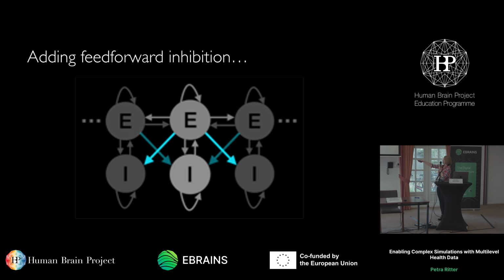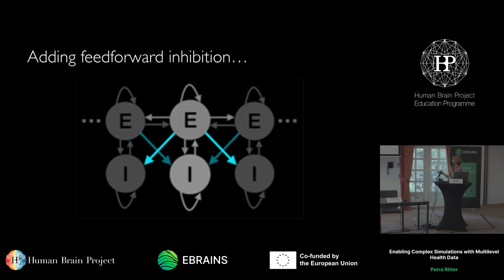So the excitation from one node hits the distant excitatory populations of other nodes, other brain regions. But what we added now is the input of each excitatory population to the other region's inhibitory populations. This is called feed-forward inhibition, and this is what exists in the real brain, but was not included in these models in the past. So we have now long-range excitation and long-range feed-forward inhibition in the model.